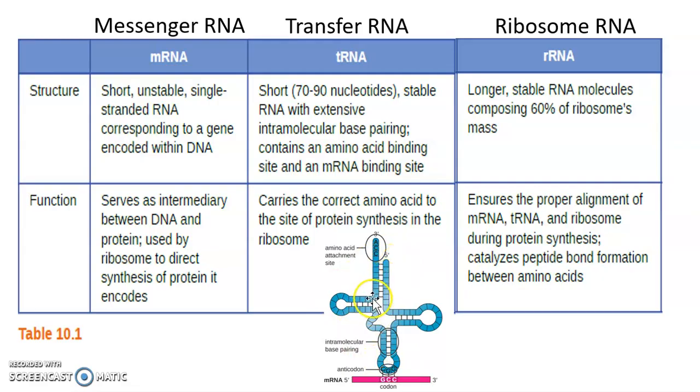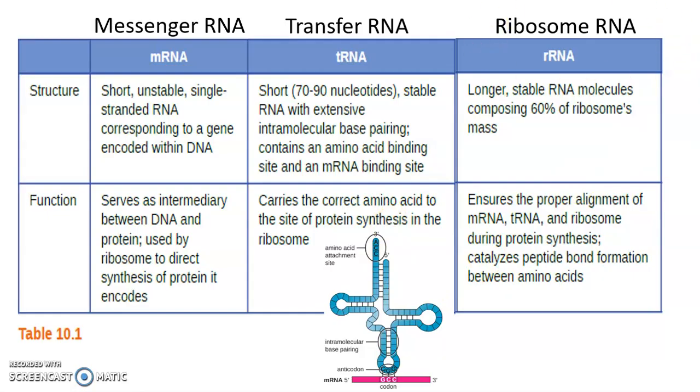You can see they make hydrogen bonds between complementary sequences within that molecule right there. The reason for your tRNA, or transfer RNA, is the 3' hydroxyl end of this thing. That's where you're actually going to get your amino acid. And I'll show you a picture of that in a second.